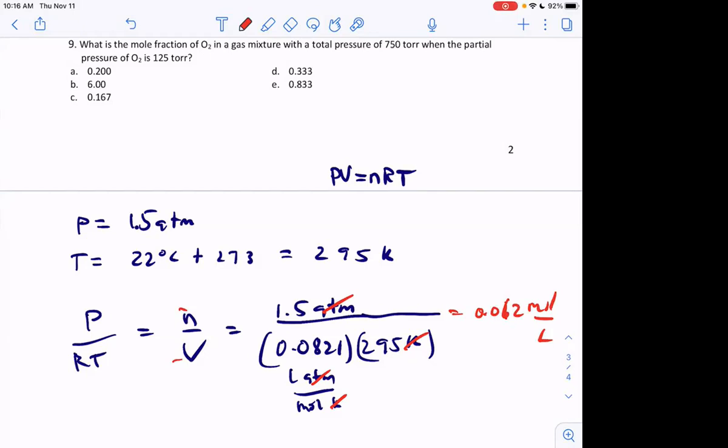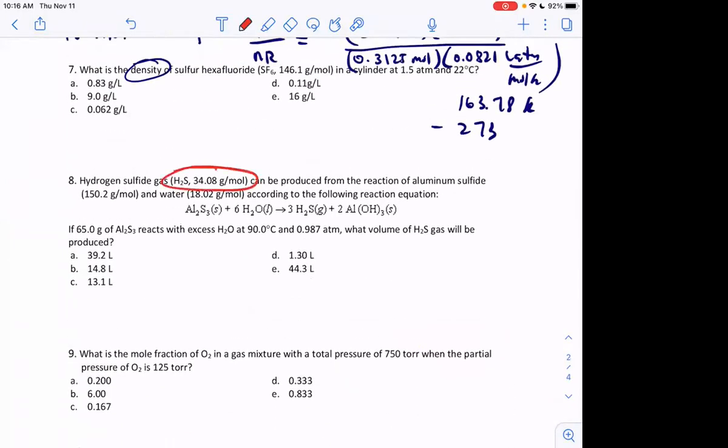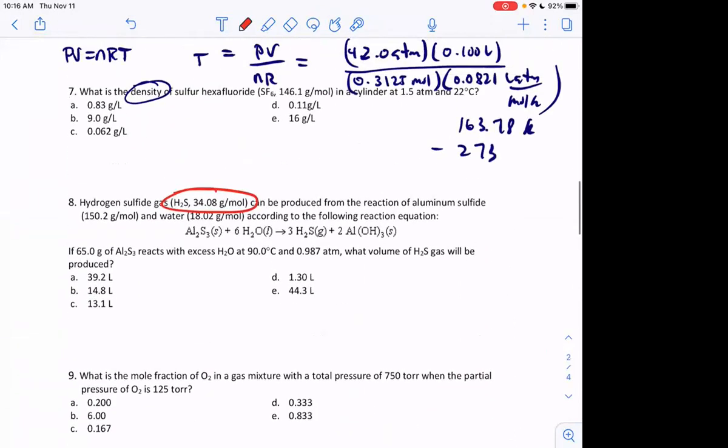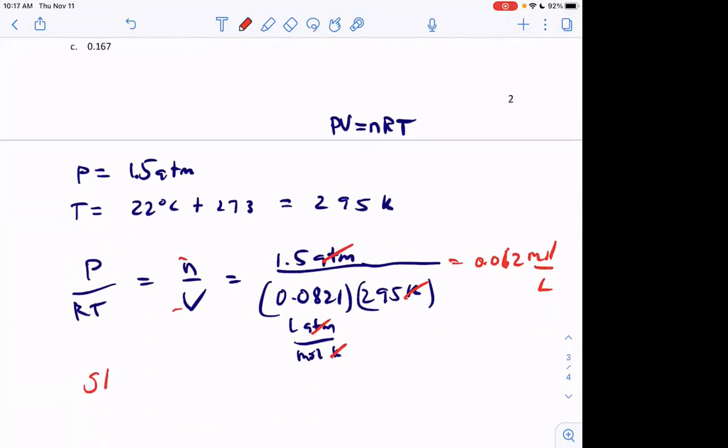We don't have an answer yet, but now go back and look and see. We have the molar mass, grams per mole, right there, right? And they're asking for density. And look, all the units are grams per liter. So we're given grams per mole, and we have moles per liter, and we want grams per liter, right?